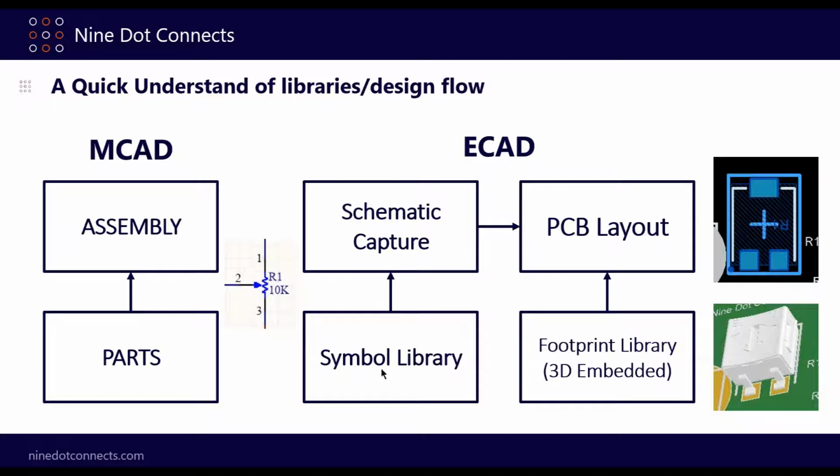So the symbol library contains our symbols. Well, guess what? After we do our schematic capture, we have to push what's called a net list over to our PCB layout so we can actually do the physical layout. And we have yet another library to do that. Fortunately, in things like Altium Designer, we can embed the components in there so that when we do the layout, we can see it both in 2D and in 3D as well.